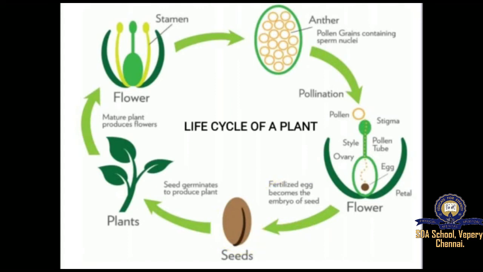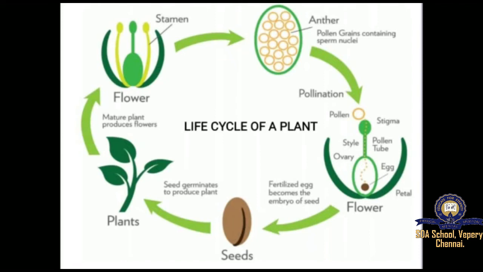So when the seed germinates, it produces a mature plant, produces flowers, and again in the stigma, anther will be present, and the anther has pollen grains, and the pollen grains are transmitted by other pollinating agents to other flowers or to the same flower, and again this process continues.